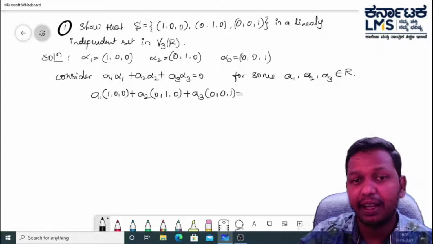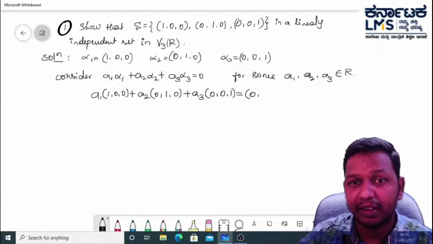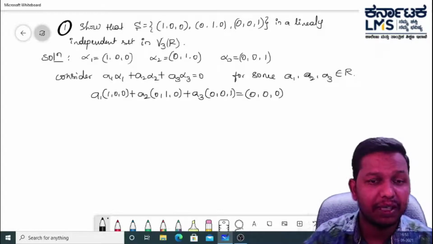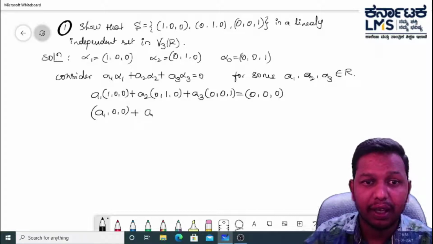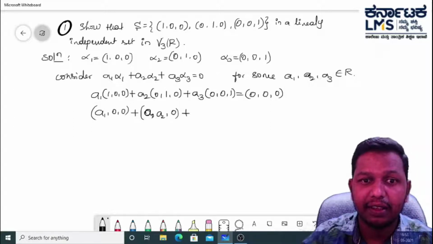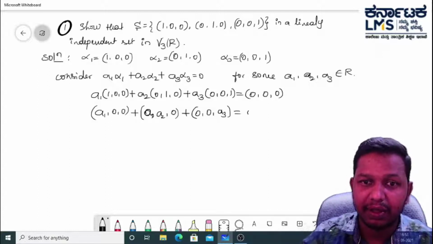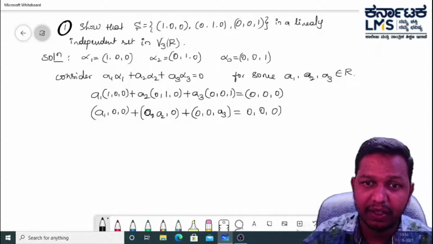The 0 vector in triplet we write as 0 comma 0 comma 0. So multiplying this, we get a1 comma 0 comma 0 plus 0 comma a2 comma 0 plus 0 comma 0 comma a3, which equals 0 comma 0 comma 0.